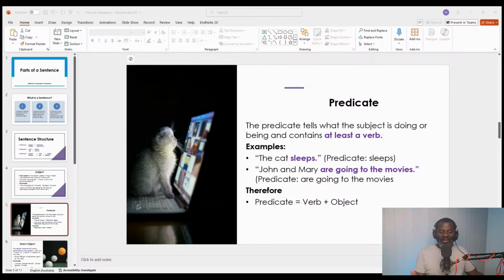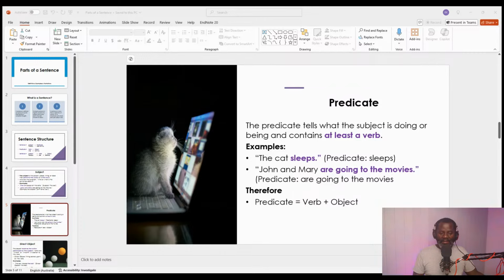So, a predicate tells us what the teacher did. Under the predicate, we've got a verb, which is gave. We've got the indirect object, which is students, and the direct object, which is homework, the thing that is being given. I hope this illustrates how these parts work together.